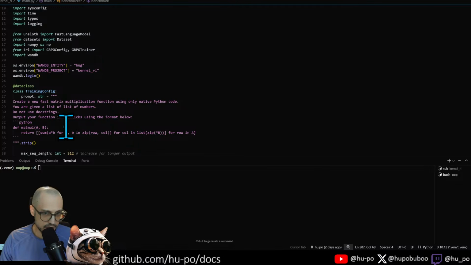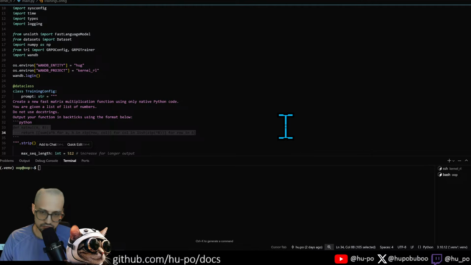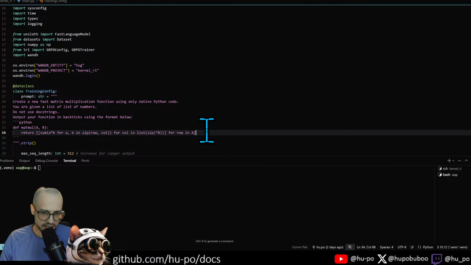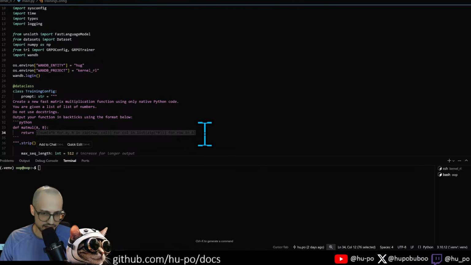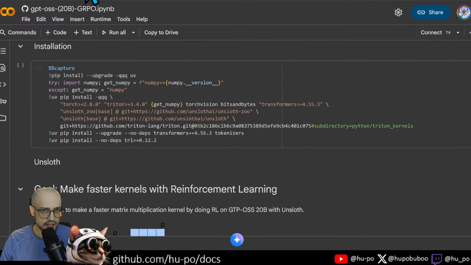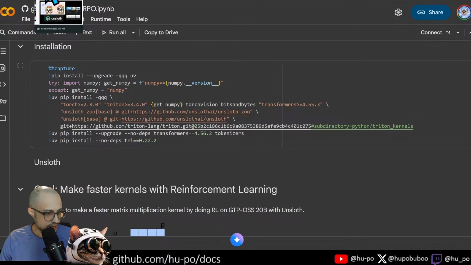You are given a list of numbers, output your function. So we're trying to find a couple lines of Python, and pretty much all the solutions it comes up with are these nested list comprehensions, which aren't ideal. This is basically just nested for loops, but written in one line of code, which is usually not advised. But can we use reinforcement learning to get GPT OSS 20B to generate better and better versions of these? And that's what this notebook is doing. So that's what we're going to be looking at.